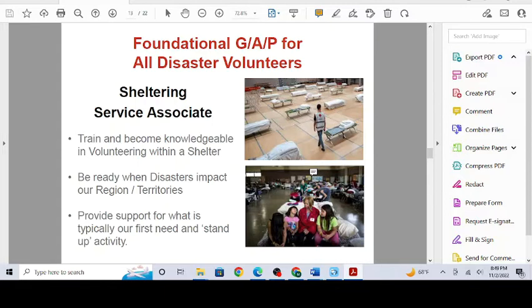One of the reasons we ask people to get trained as a sheltering service associate is that if the disaster is big enough, the need for sheltering service associates will often be rather large. So we can get the training done ahead of time rather than trying to train people really quickly when there is the need.